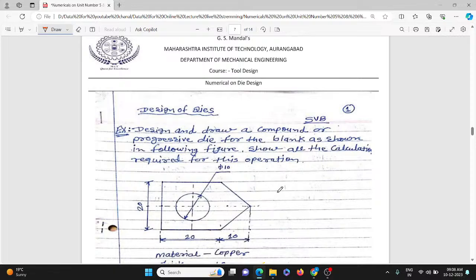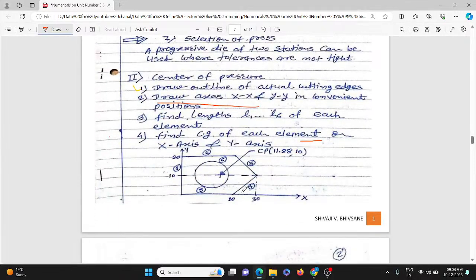First of all, you can see here the axes will be marked. This one is the y axis, and this one is the x axis. So that is the first step, drawing the outline of the actual cutting edges.